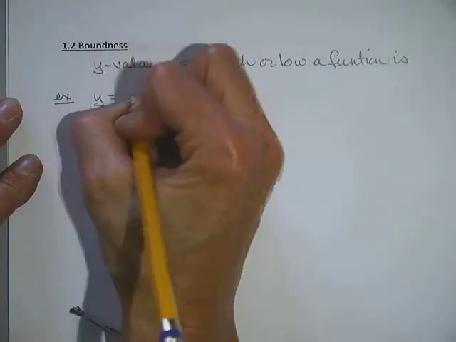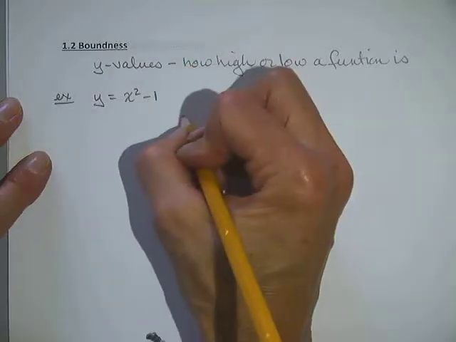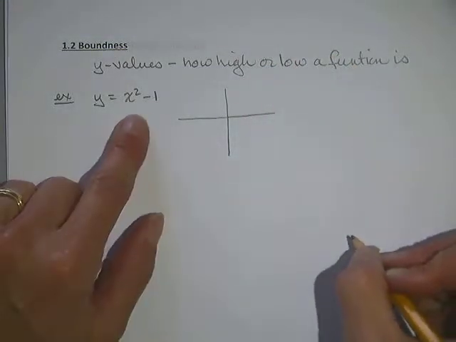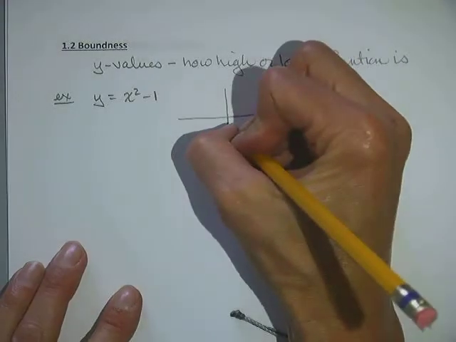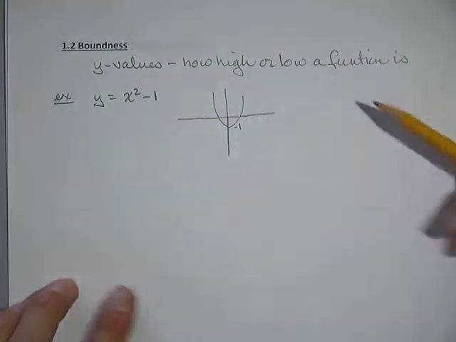Example, y equals x squared minus 1. That's a parabola, and what is that parabola doing? It starts down at negative 1.